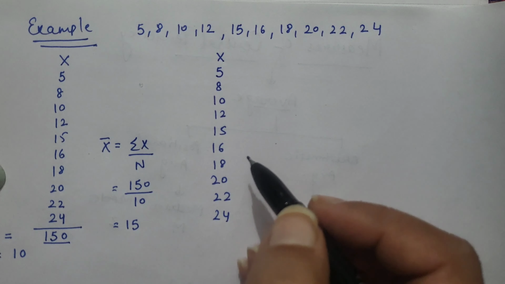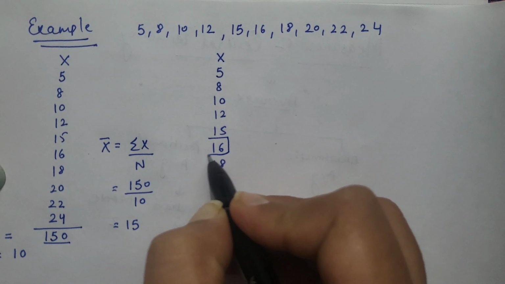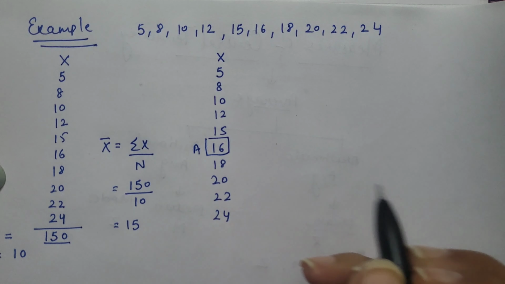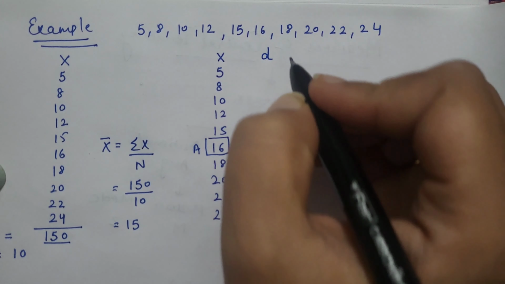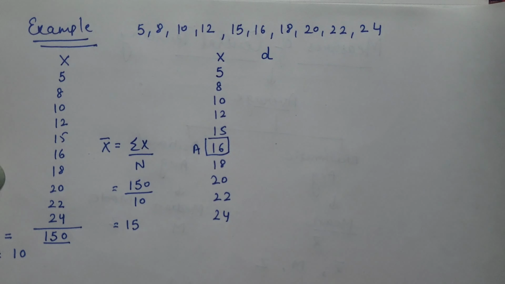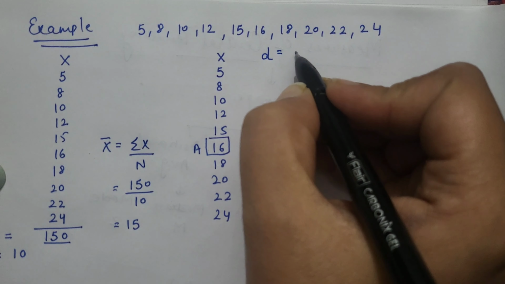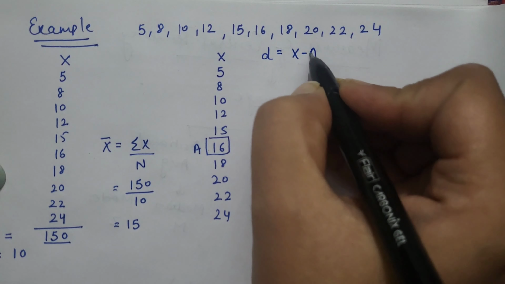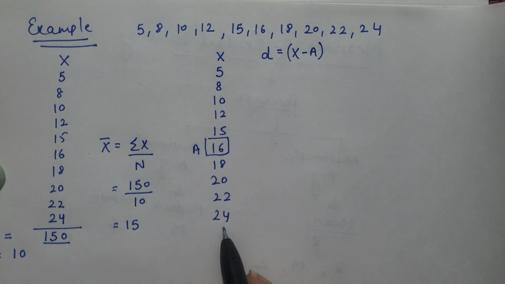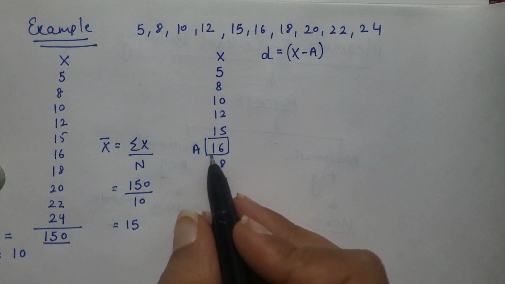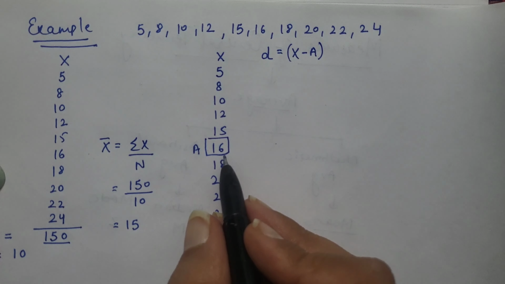Suppose I am taking 16 as assumed mean here. So, I will calculate D, that is deviations, which can be calculated as x minus A. These are our observations and this is A. Value of A is 16.